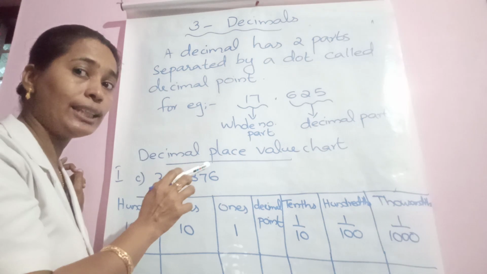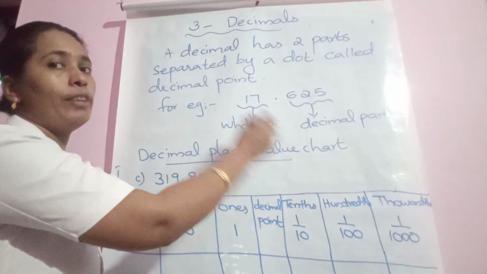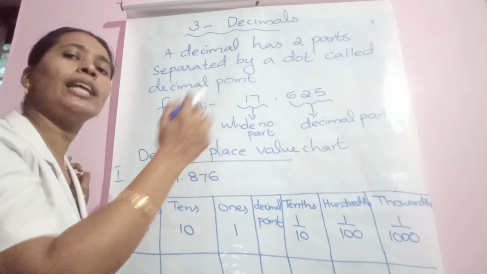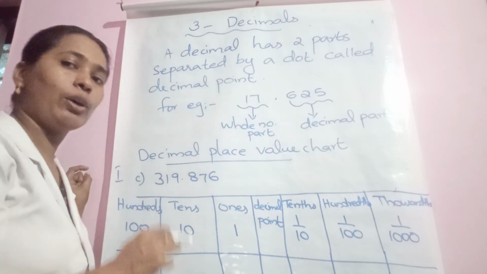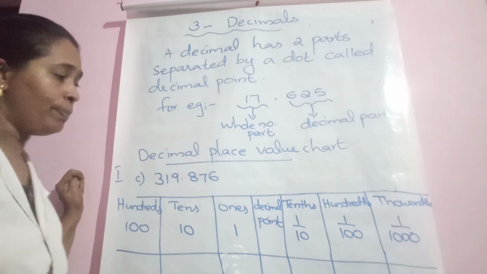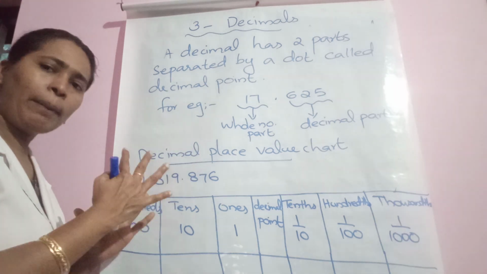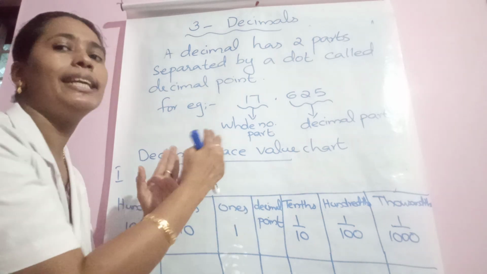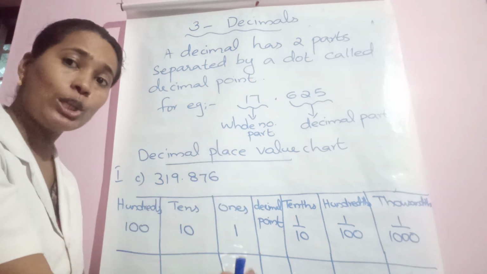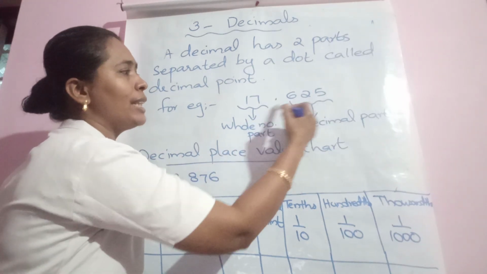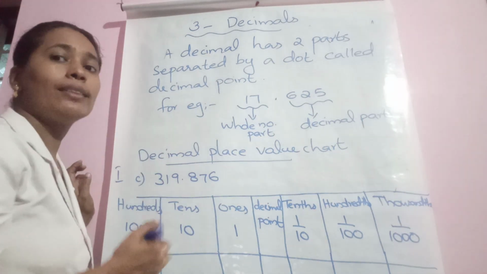Let us move to the decimal place value chart. We have already studied for whole numbers the Indian place value chart as well as the international place value chart. Here we are going to study how to represent a decimal on a place value chart. After drawing a place value chart, the middle place goes to the decimal point. Then think about how many places are there after the decimal: 3 digits.